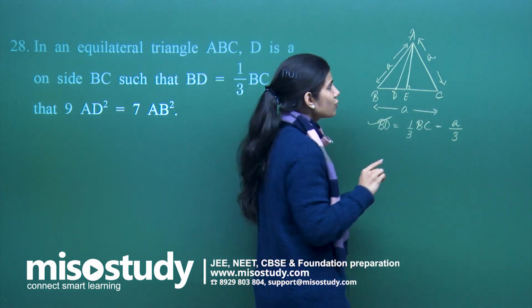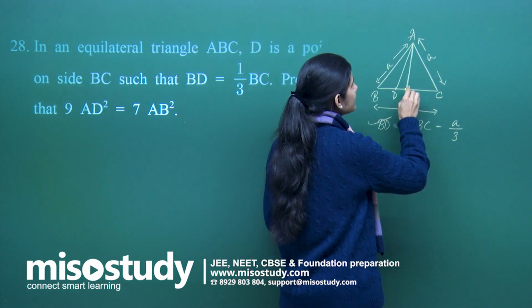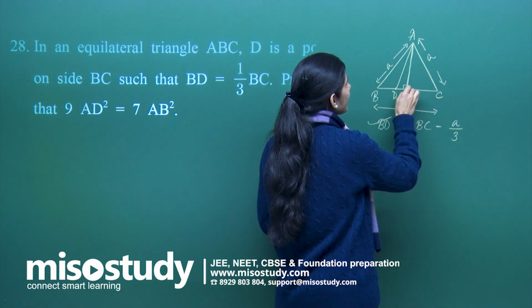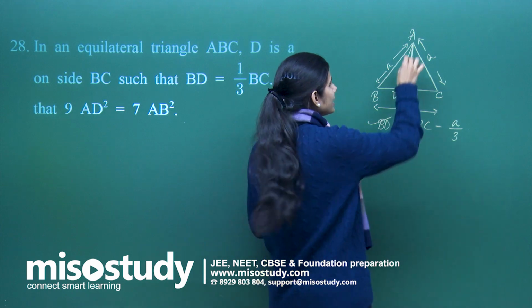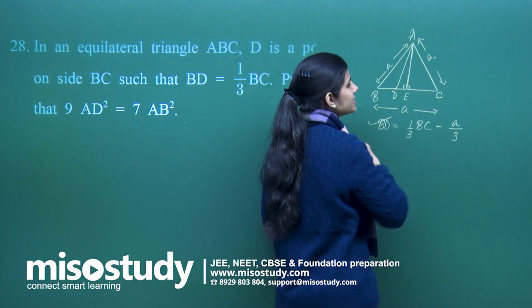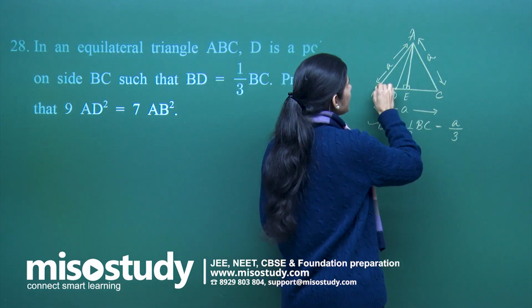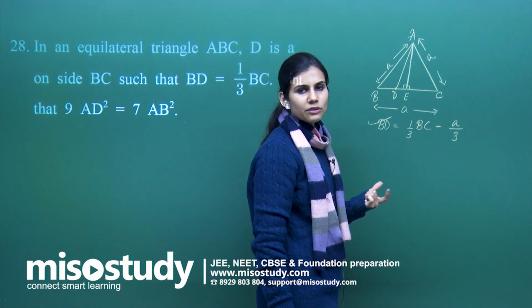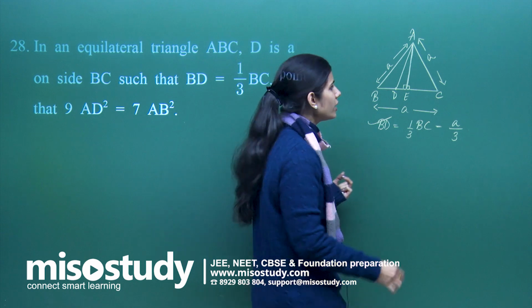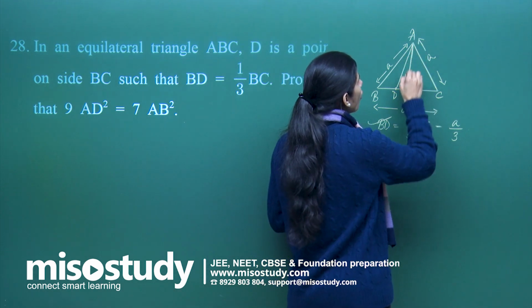If you focus on these two triangles, triangle ABE and triangle ACE, you can see that angle AEB is same as angle AEC, which is 90 degrees. Side AB of this triangle is same as side AC of this triangle, because it is an equilateral triangle, so both sides are of length a, and AE is the common side.